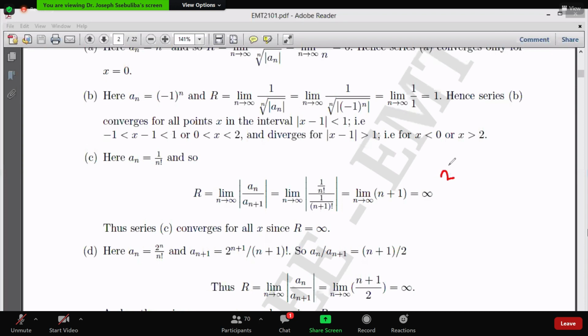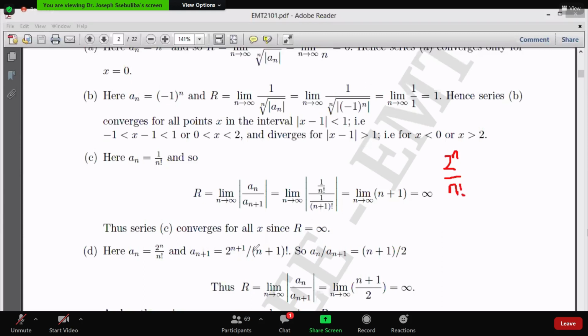2^n. I need to clear this a little bit. Okay. So what we have is 2 to the n over n factorial, and we are dividing this by the whole of this.